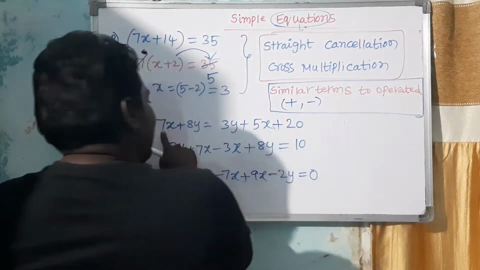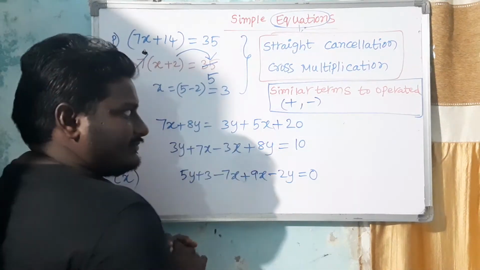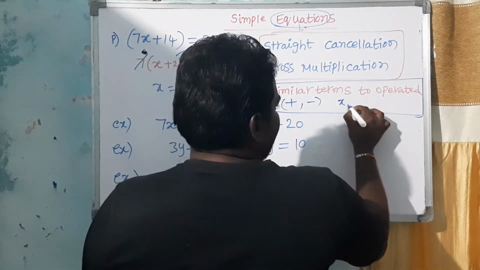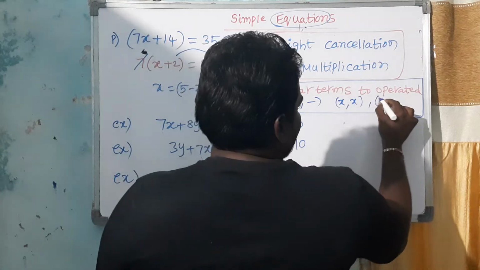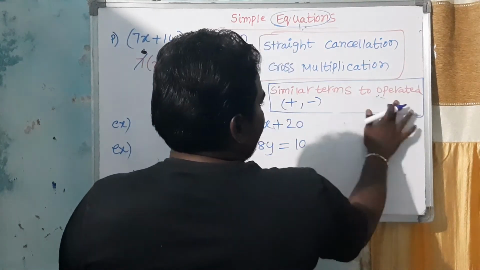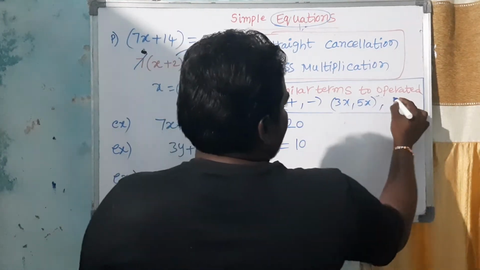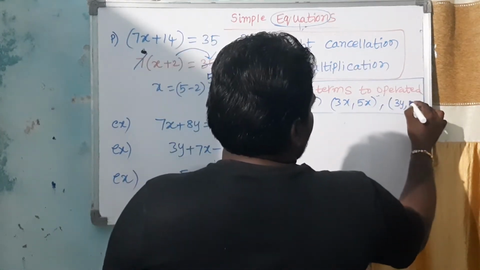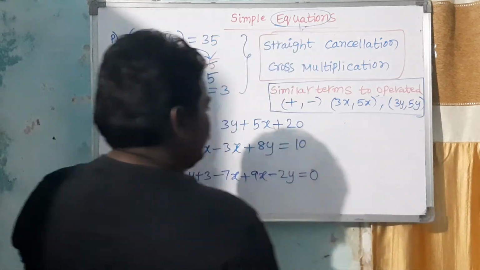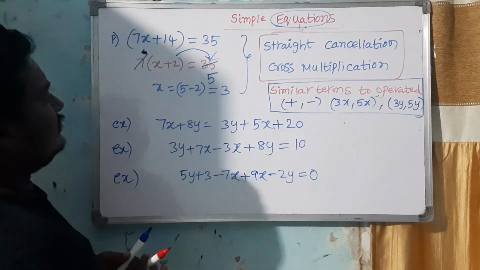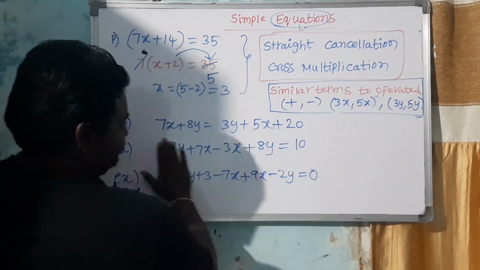Similar terms means x, y. For example, if you take 3x, 5x, similar terms. Next 3y, 5y, similar terms. So let us see this question.